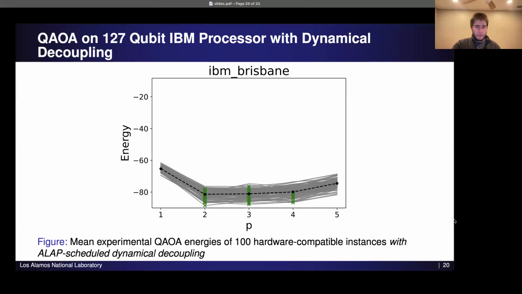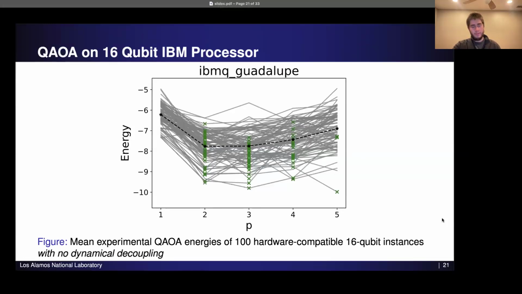But to give you a sense of scale, this is less than halfway to the optimal energy. So the mean energy for these smaller problem instances is not as good, but of course the optimal solution is much closer to 0.